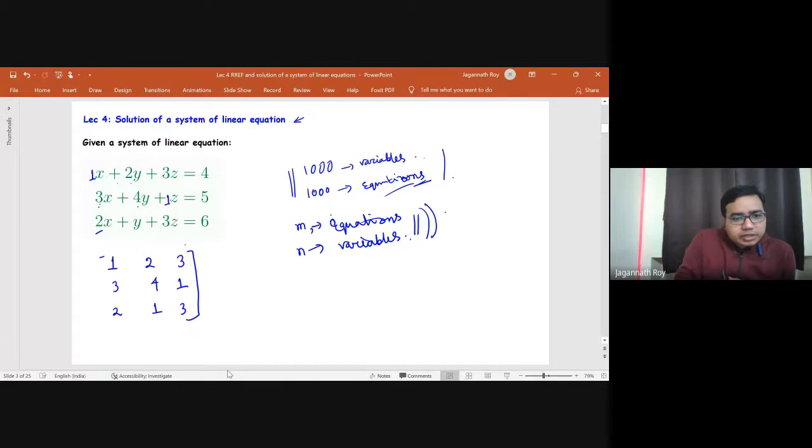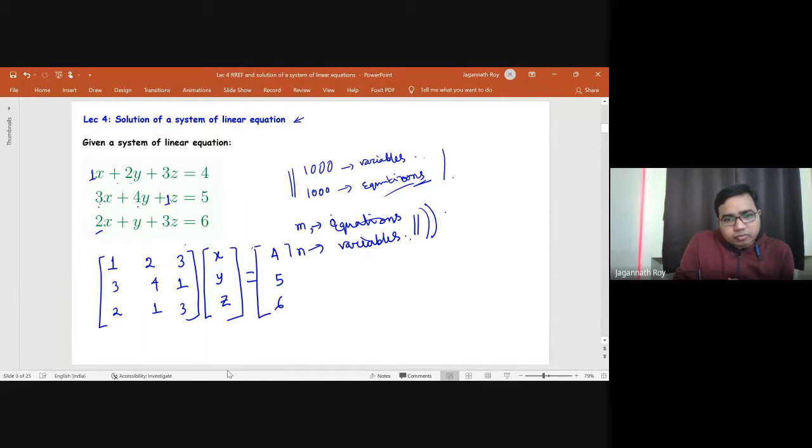So we can rewrite the system with x, y and z, and the right hand side we can write as a vector or a column matrix.